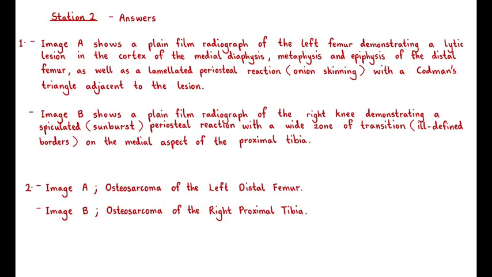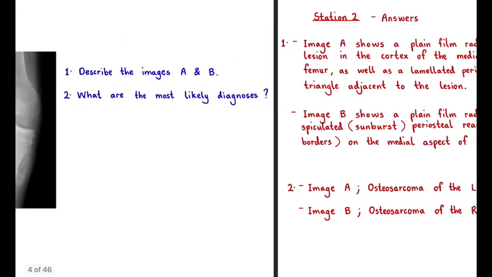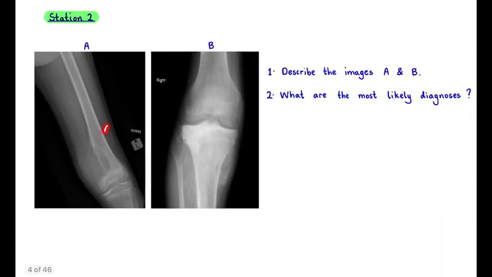So image A shows a plain film radiograph of the left femur demonstrating a lytic lesion.